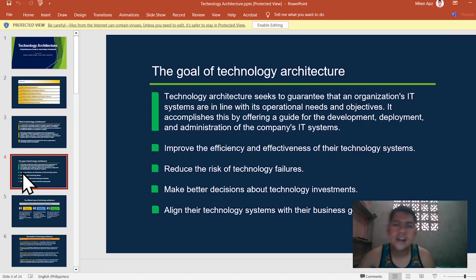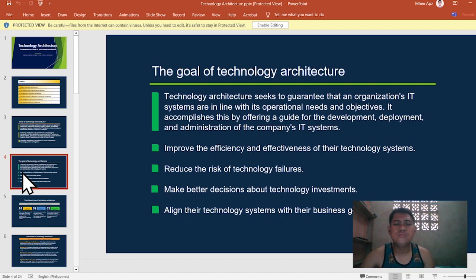The goal of technology architecture: it seeks to guarantee that an organization's IT systems are in line with operational needs and objectives. It accomplishes this by offering a guide for the development, deployment, and administration of the company's IT systems.